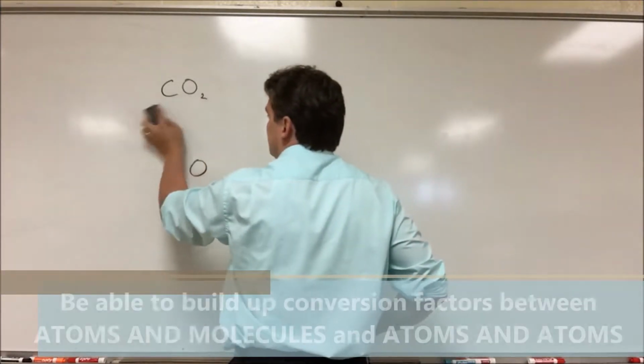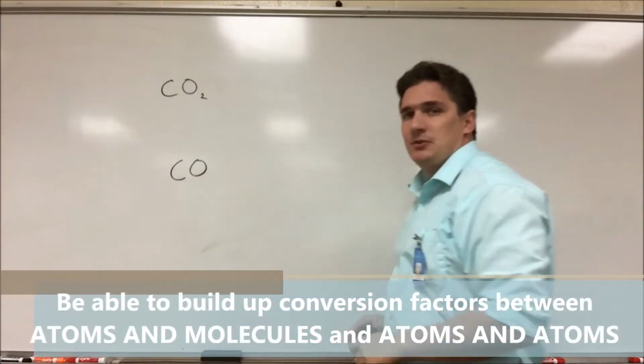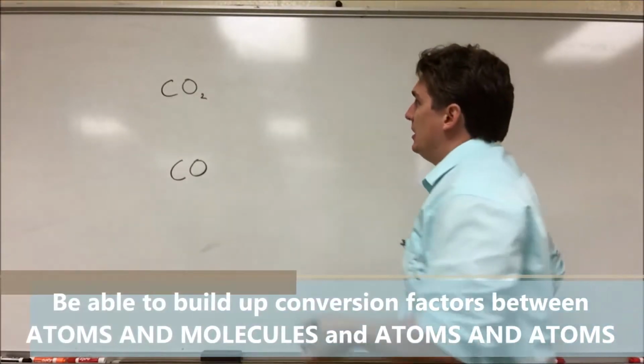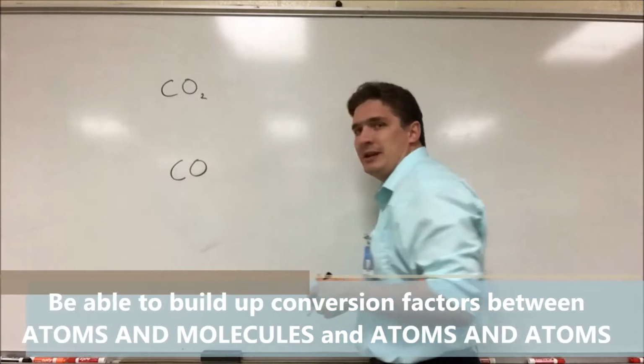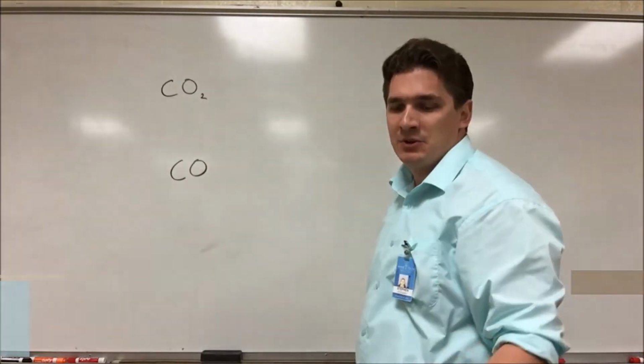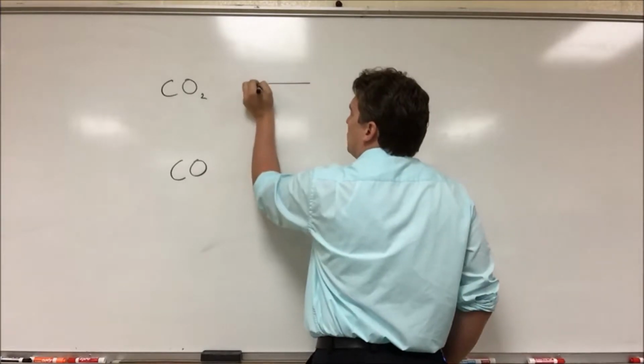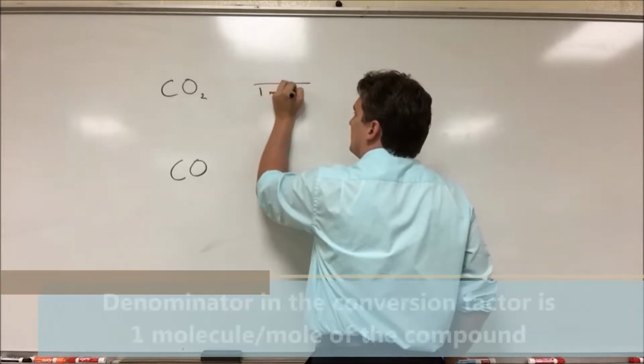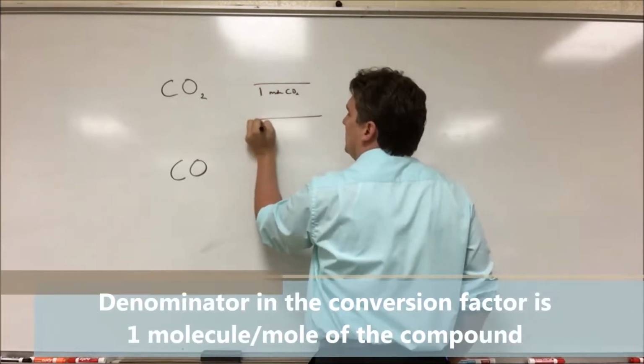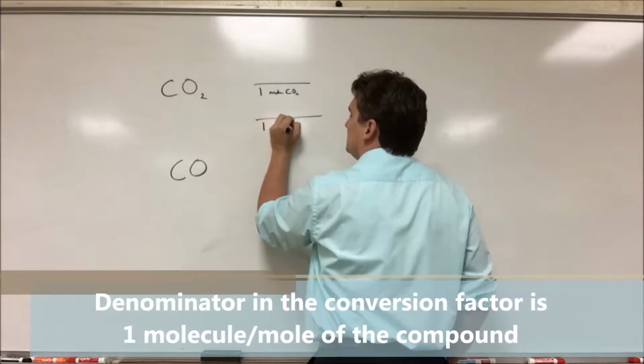Now the other thing we have to be able to build up are the ratios between the individual elements of the molecule. So how do we do that? If we want to convert between atoms and molecules, our denominator is always 1 mole of the molecule or 1 molecule.